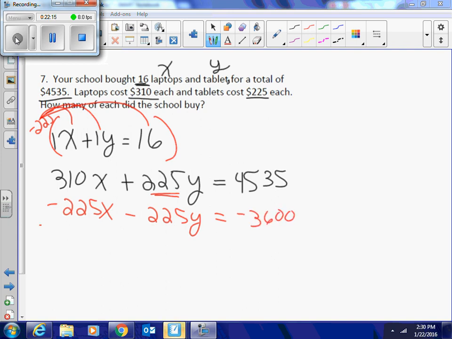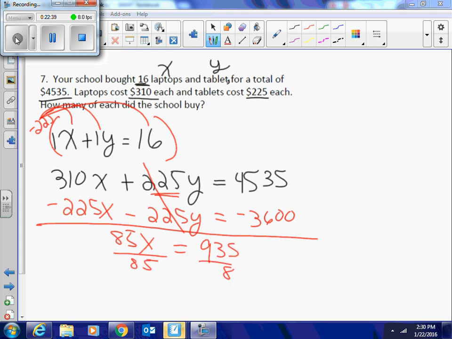And now I can combine my two equations. 310x minus 225x is 85x. These two eliminate. That was our plan. And when I combined 4535 minus 3600, I get 935. Divide both sides by 85.